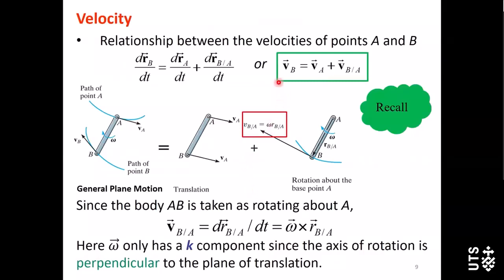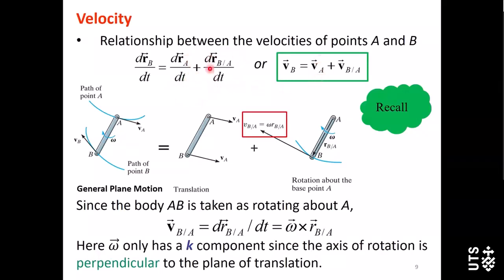Now, if we do time derivatives on both sides, on the left side, it will be drB/dt. This will give us vB, the velocity at point B. On the right side, for the first item, we will get drA/dt, that will be vA.